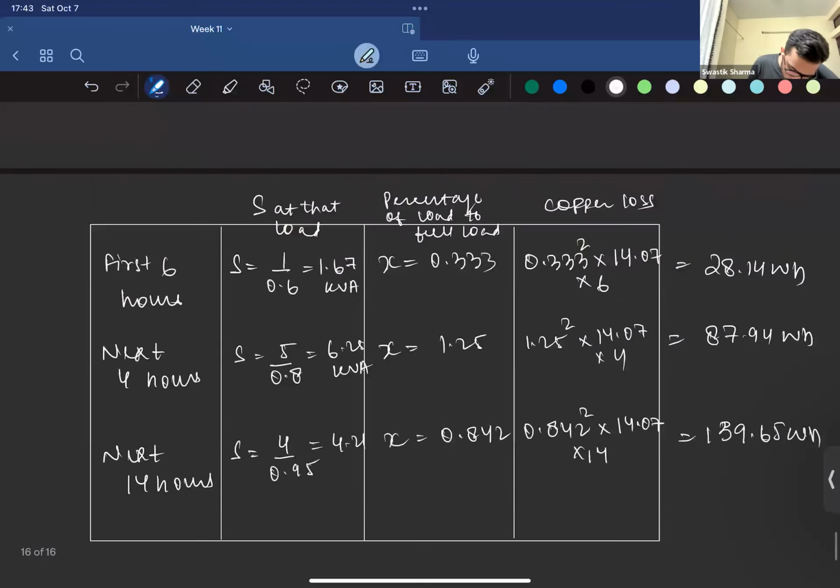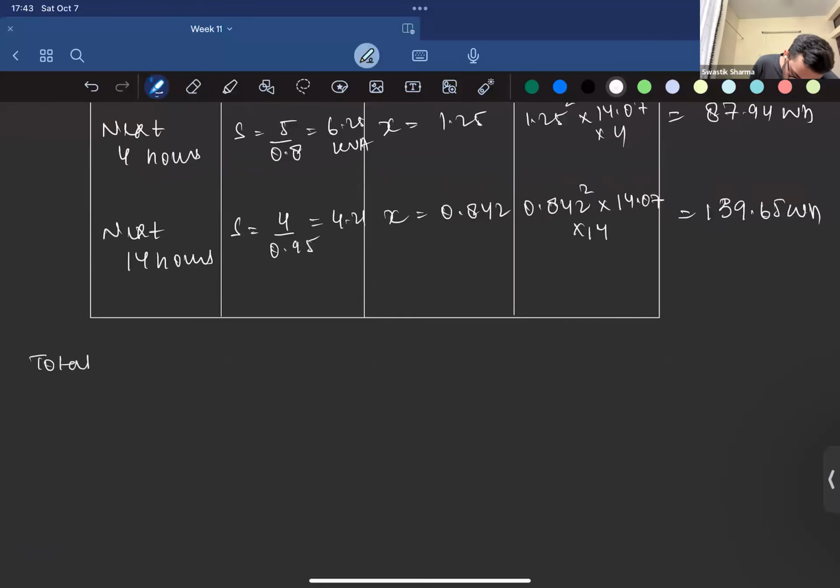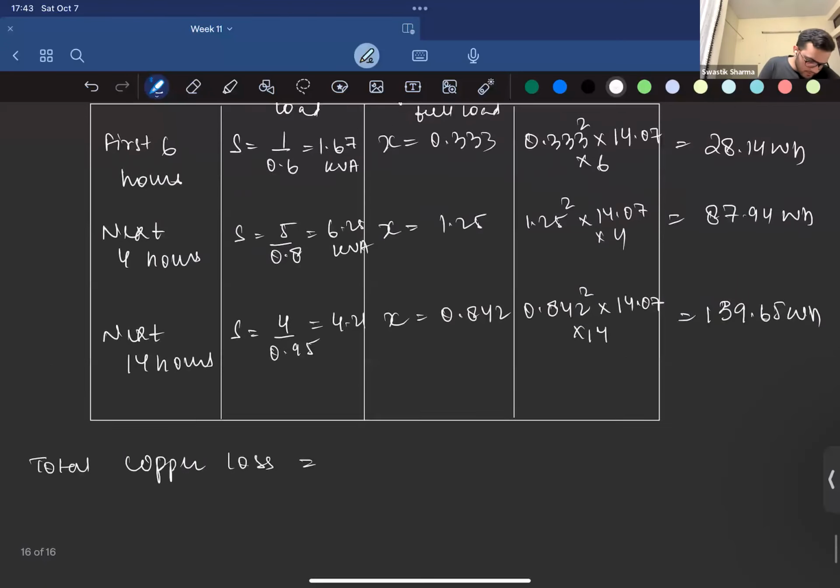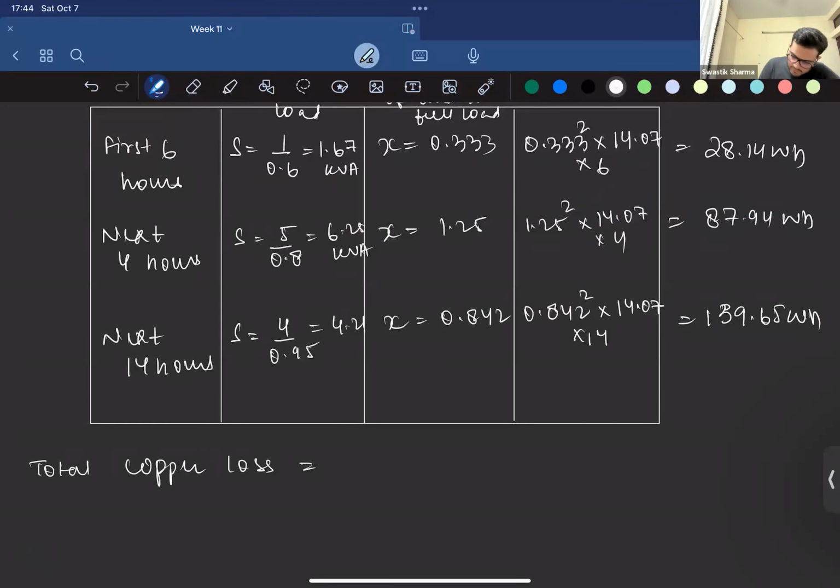Okay, so for 24 hours, total copper loss is what? 28.14 plus 139.65 plus 87.94, which is nothing but 255.732 watt hours.